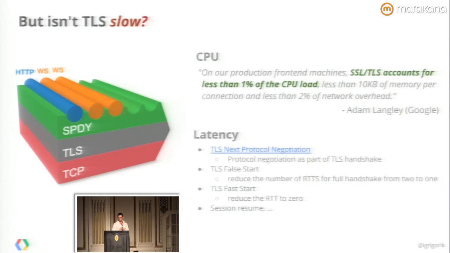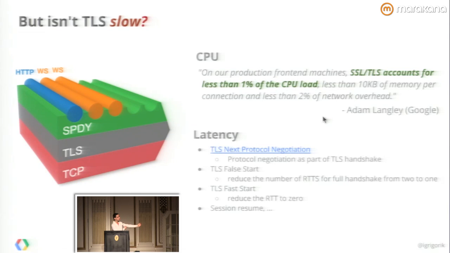So for CPU, it is definitely true that, let's say 5, 6, 10 years ago, the cryptographic handshake was a bottleneck. You actually needed dedicated hardware to offload that. But today, all of the modern hardware has all of the stuff built right in such that it's actually very cheap. So this quote that I have here from Adam Langley, who's our SSL guy at Google, is from his blog.